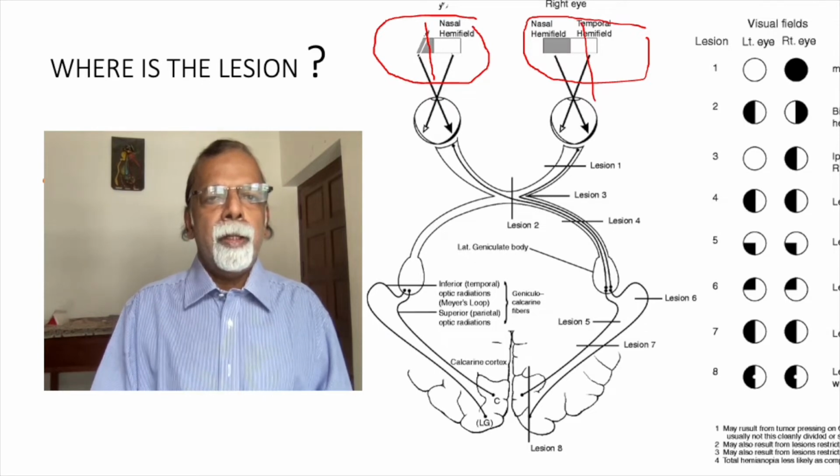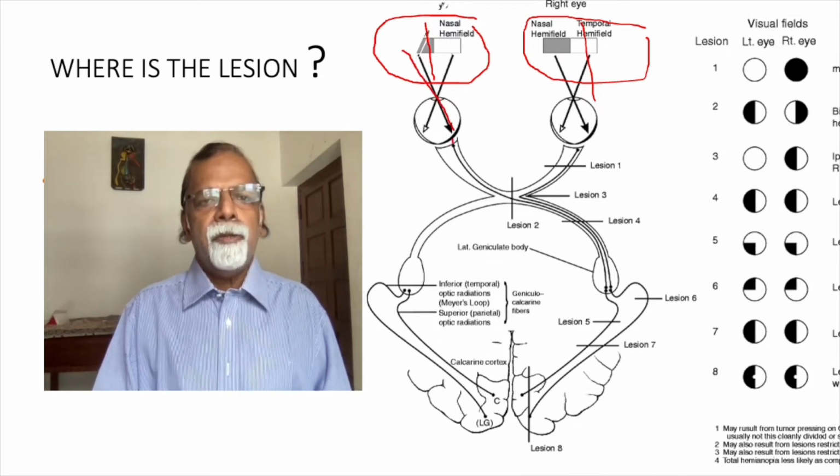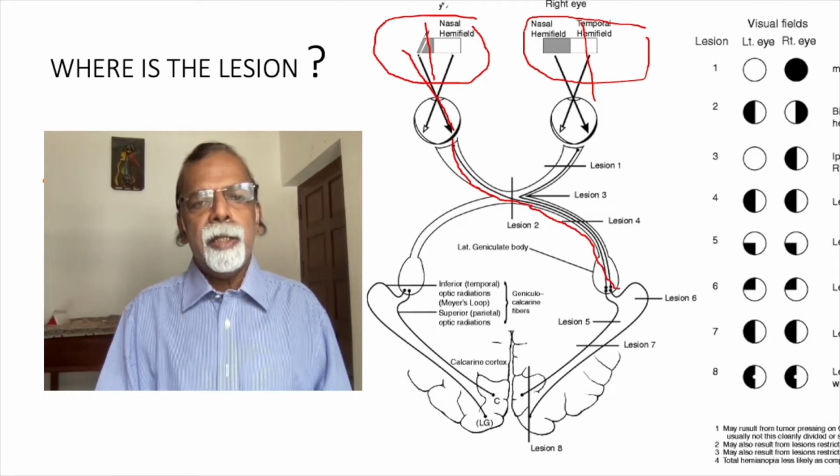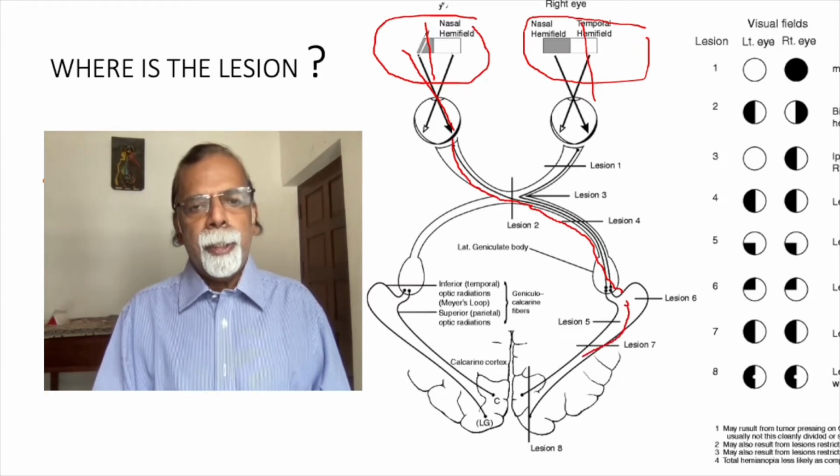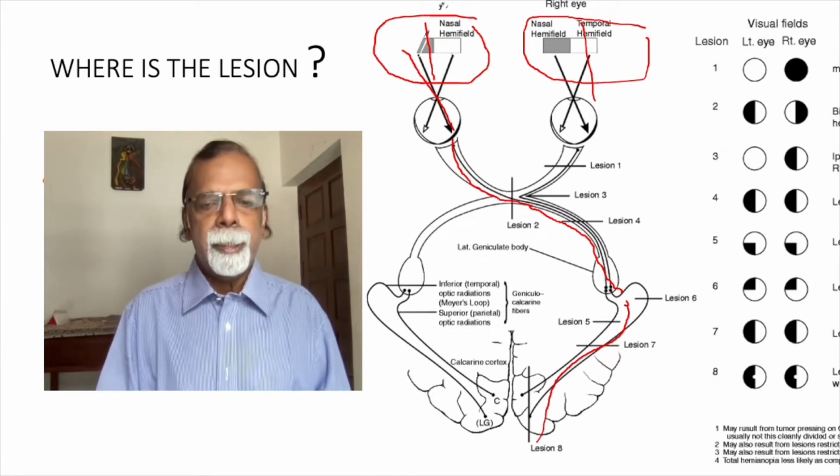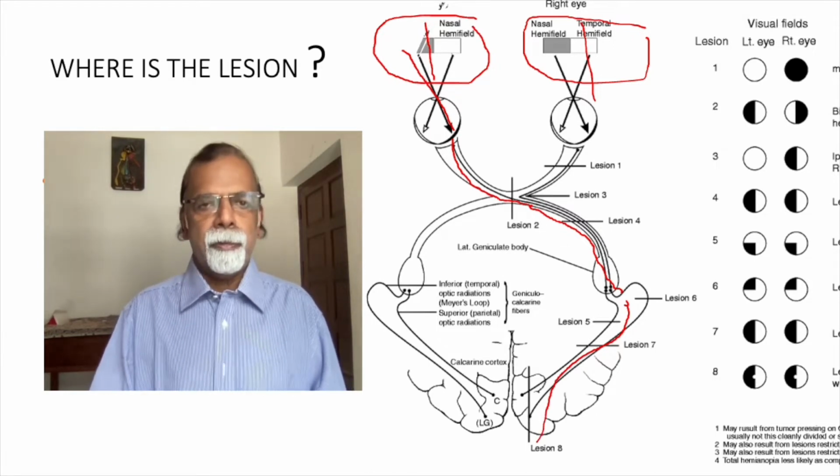The temporal visual field, the images are falling on the nasal part of the retina. From there the fibers pass via the optic chiasm. It goes to the opposite side, relays in the lateral geniculate body, from where the optic radiation goes to the occipital lobe. So this is the basic anatomy we should know.